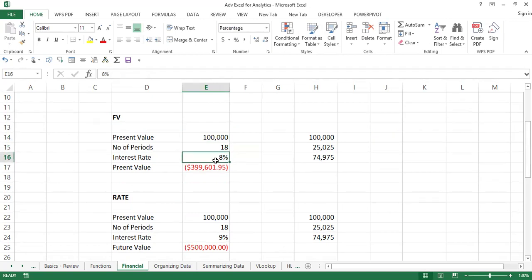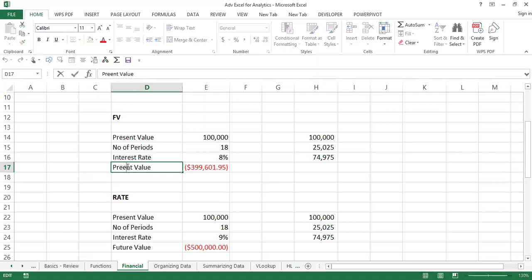We know the rate. We want to know, if this value is invested at present at the rate of 8% over a period of 18 years, what will be the value of the investment in the future, that's after 18 years. This is actually future value, not present value.